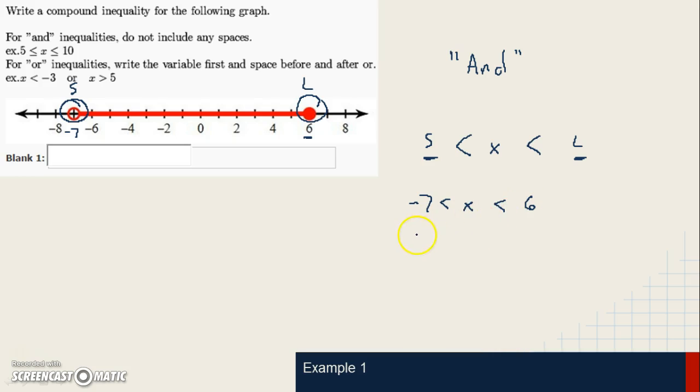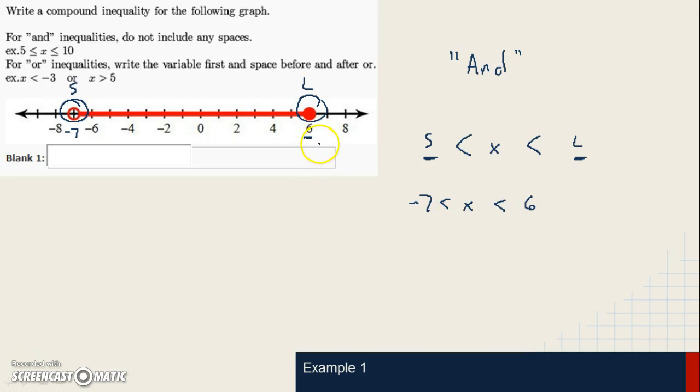And I'm almost done here. All I have to figure out now is whether or not those endpoints, or those values on the end, my smallest and largest, are included. So I'm going to come over here on -7 and look at the dot. Since the dot on -7 is open, that means -7 is not a part of our solution set. So I'm not going to write an equal to here. I'm just going to leave it as -7 is less than x.